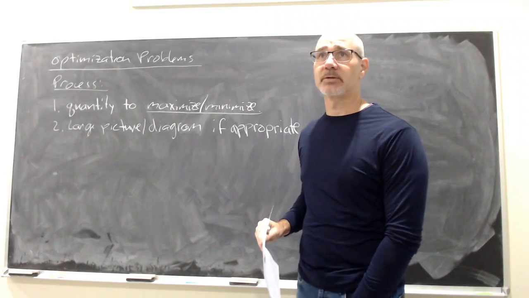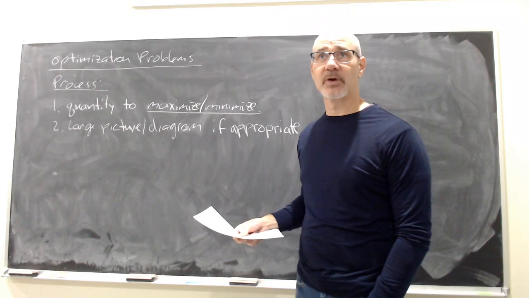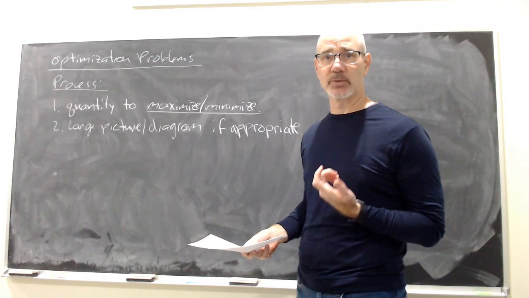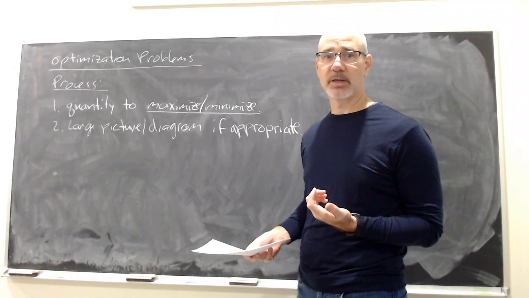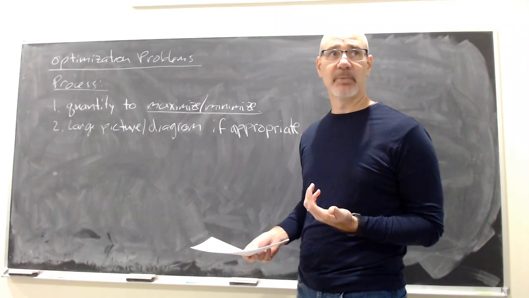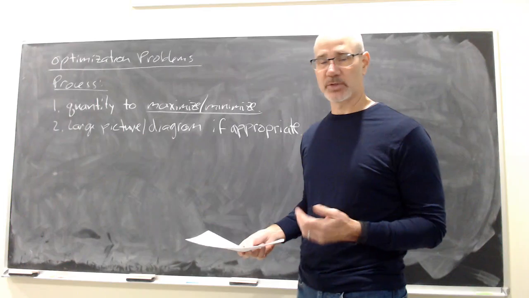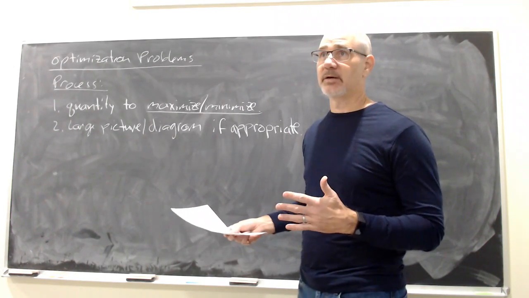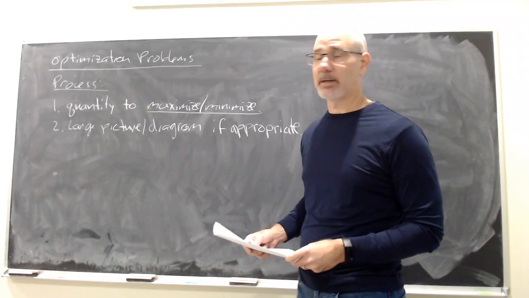It's just that one of the things that I observe often when students are first doing these sorts of problems is that the pictures are so tiny and cramped that you can't really make sense of them. It's hard to even see what's going on. So the sketch is only going to be helpful if it's big enough that you can actually visualize what's happening.